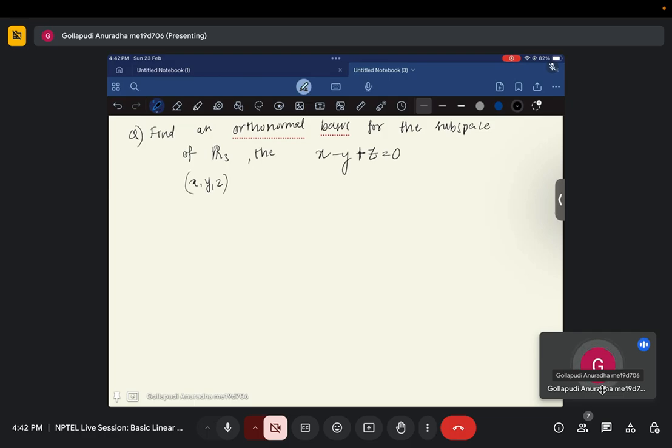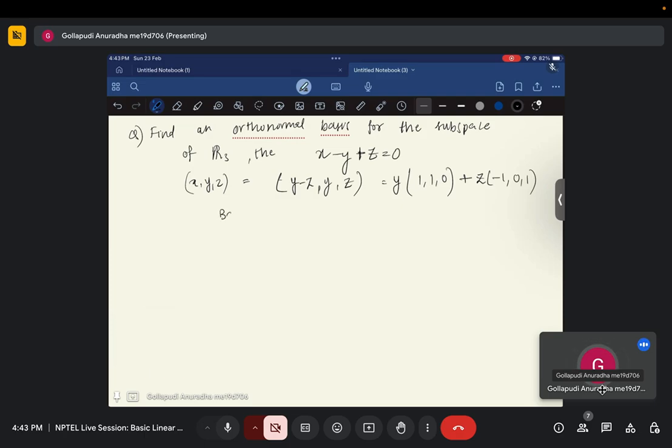This is something which we did at the very beginning of the class. So we can write x, y, z. We have equations, so we can write it as y minus z, y and z, which we can write this way.